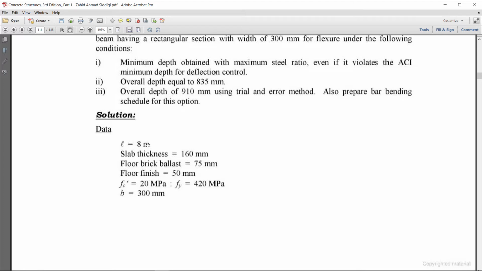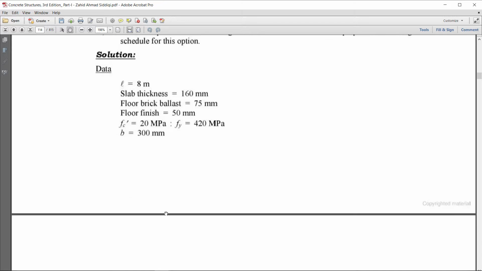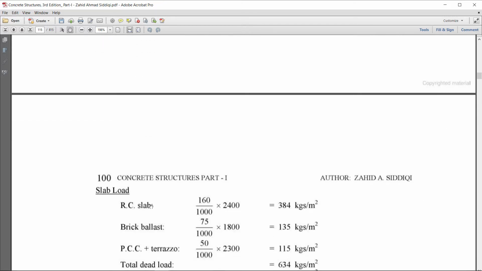Slab thickness is 160 millimeter, and floor brick ballast is 75 millimeter. Floor finish 50 millimeter, f'c 20 megapascal, fy 420 megapascal, and the width of the beam is mentioned that you can use 300 millimeter.